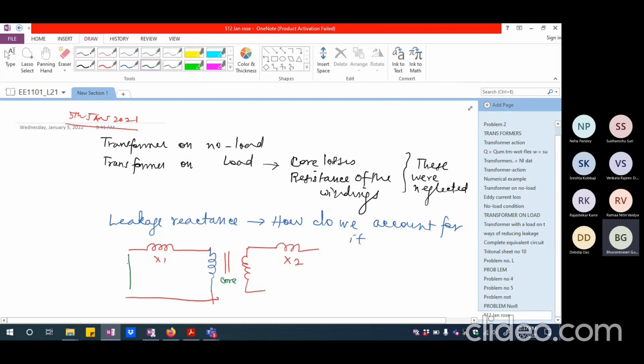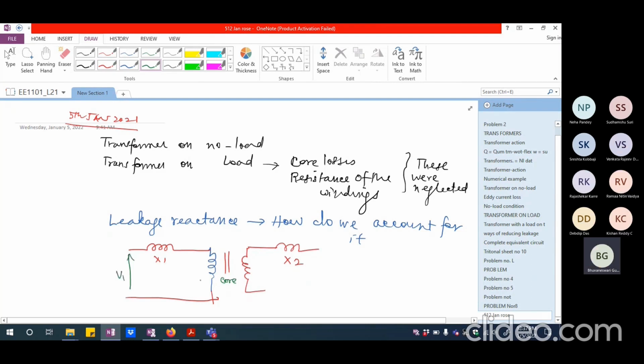And we said that we are applying a voltage V1 and we are getting an induced EMF E1. And E1 and E2, if you look at the turns ratio, you can say E1 by E2 is equal to N1 by N2. But if there is some portion of the flux which is really not linking with the other member, that is the primary flux is not linking with the secondary, or secondary flux not linking with the primary, that portion we call as the leakage flux.